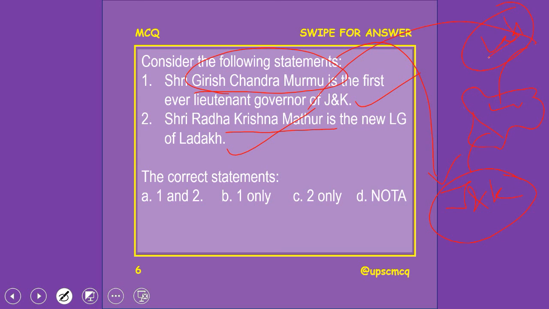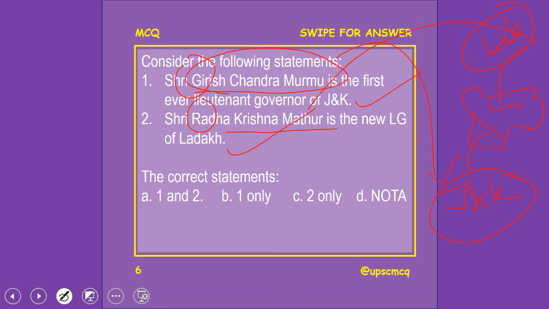Therefore, you have to build up your own strategy or mnemonics to remember the answers during the examination. For example, the easiest I thought of was alphabets: A, B, C, D, E, F, G. Therefore, G comes before R, so Girish Chandra.